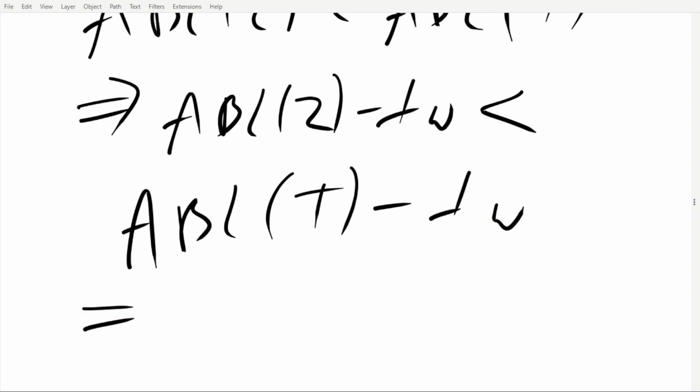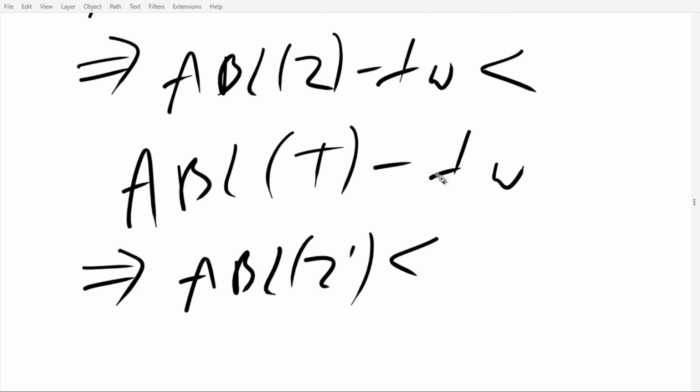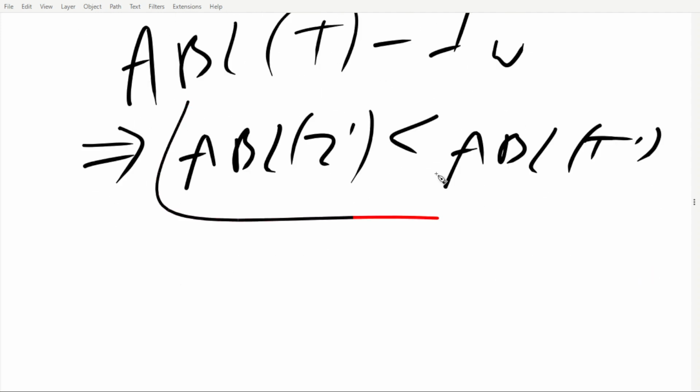Now convert this into: the average bit length of Z prime is less than the average bit length of T prime. But here we are getting a contradiction.